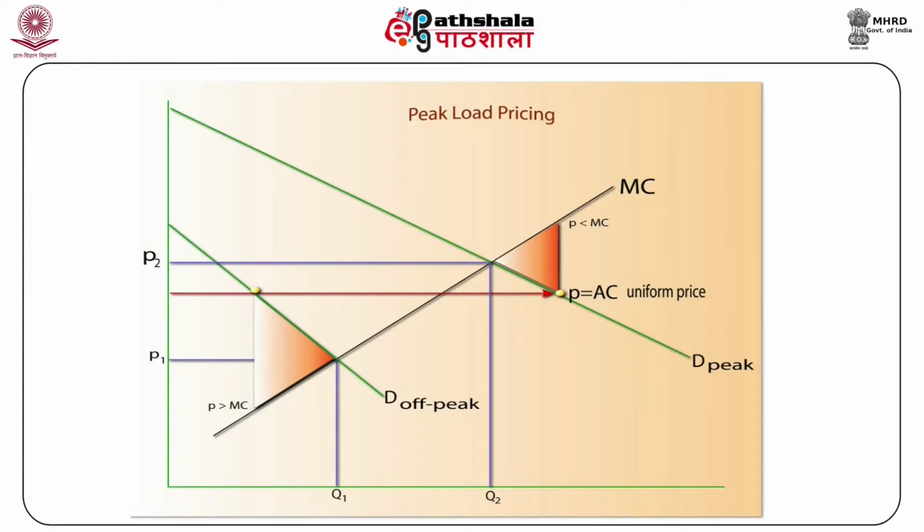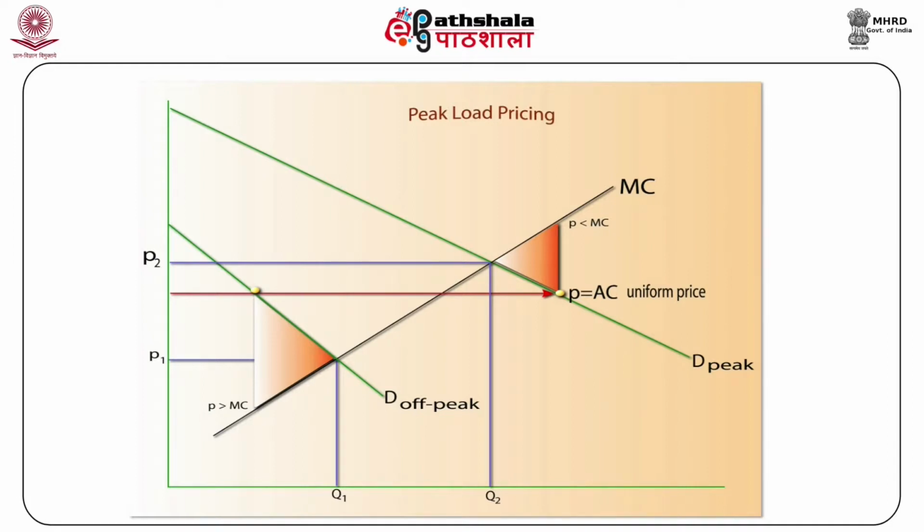Price discrimination. Let us now move our discussion to price discrimination. Price discrimination is the practice of charging different prices in different markets for different quantities or at different points of time for the same product without any difference in costs to the producer in supplying the product.